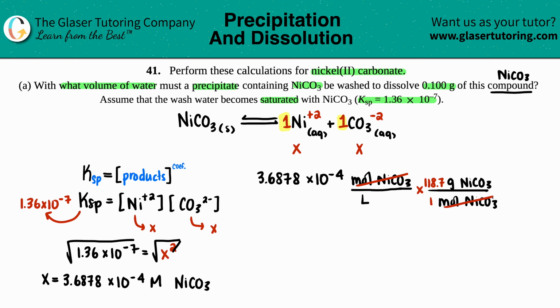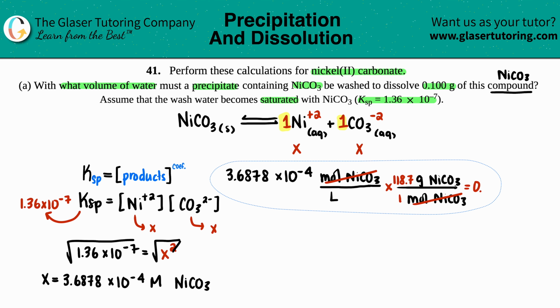Moles cancel out with moles, and now we're at a unit that's grams per liter. So 3.6878 times 10 to the negative fourth times 118.7. And I get 0.04377.